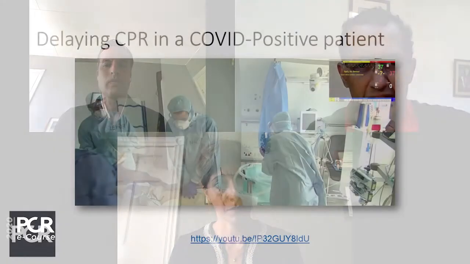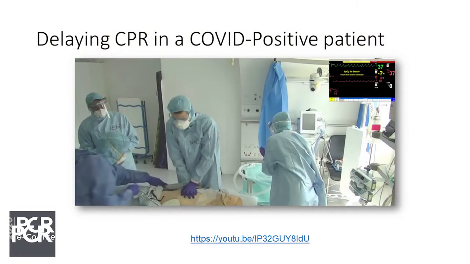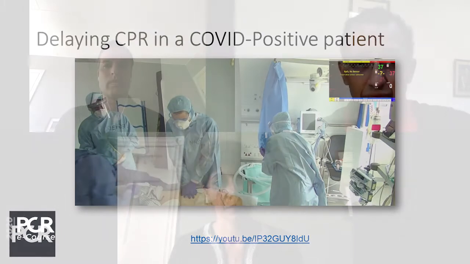We generated a video very early on, which is available on YouTube, which has had nearly 100,000 views, which deliberately paused the resuscitation of a patient with COVID because we wanted to protect the first member of the team. And it's a very painful watch to actually stand there doing nothing.